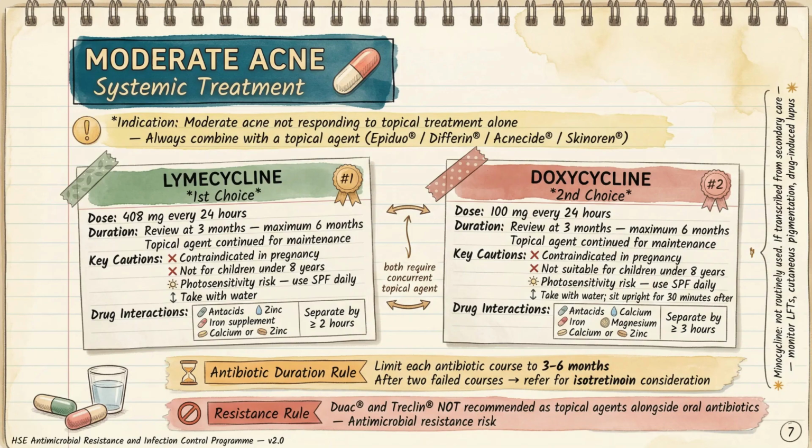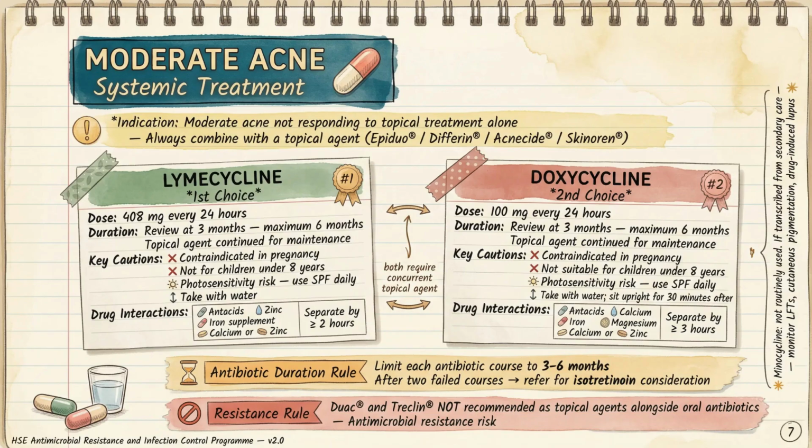Now, your first choice agent is limecycline, 408 milligrams once daily. This is given alongside a topical agent, specifically Epiduo, Differin, Acnicide or Skinoren. Duac and Treclin are not recommended here because combining oral and topical antibiotics increases resistance risk.